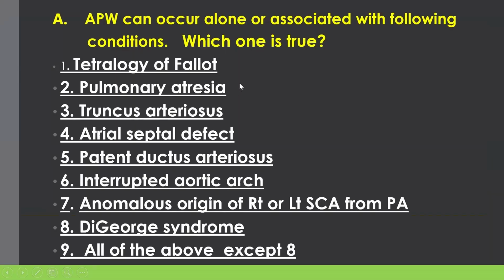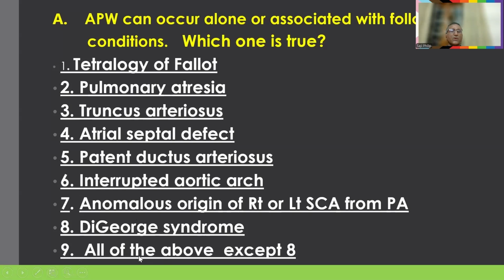APW can occur alone or associated with the following condition. Which one is true? 1. Tetralogy of Fallot, 2. pulmonary atresia, 3. truncus arteriosus, 4. atrial septal defect, 5. PDA, 6. interrupted aortic arch, 7. anomalous origin of the right and left subclavian artery, 8.